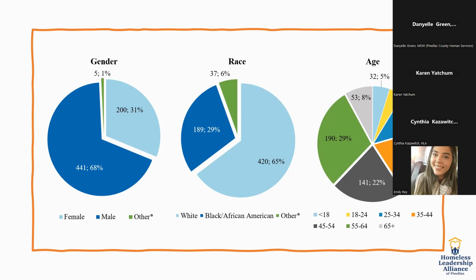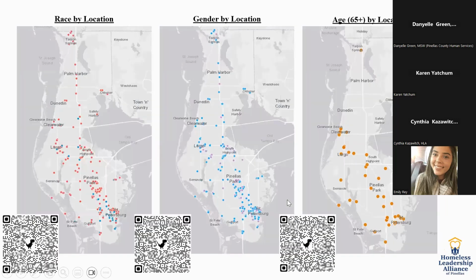However, we can see in the green and then the dark gray and the light gray, these are people who are 45 and up. So 45 to 54, 55 to 64 is green, and 65 plus is gray. So over half of the people who are unsheltered are over 45 years old. Next slide.